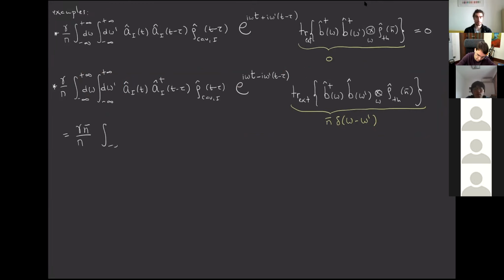Then we get the integration over omegas. But look in here, all the information about omega is contained in this function. Nothing else depends on omega. And then we get what we already had. So A dagger, t minus tau, and then rho cavity, the interaction picture at t minus tau. So let me bring it down.